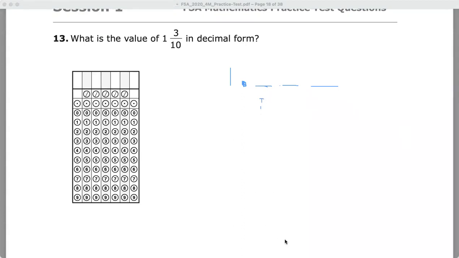The second one is the hundredths, thousandths. I'm not going to write all those out. But the first one is the tenths place. So meaning you're going to put the 3 in the tenths place. So it would just be 1.3.